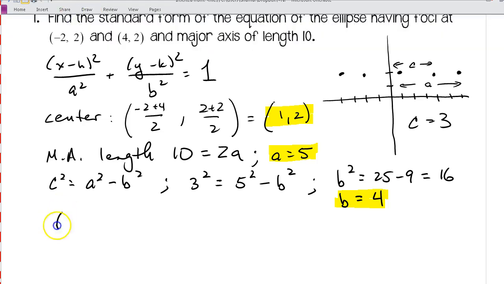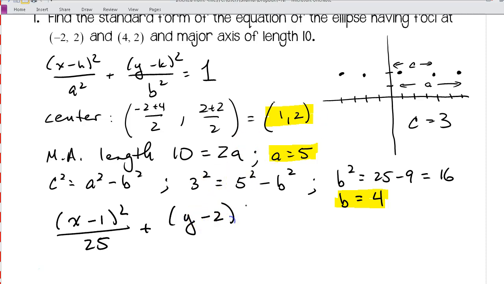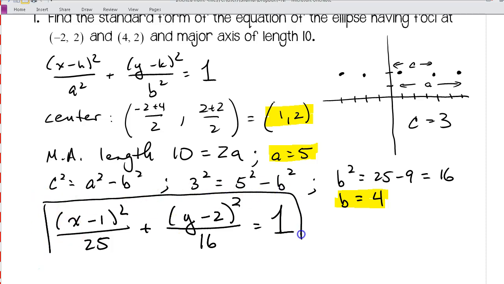So my standard form now is going to be (x - 1) squared over 5 squared, so that's 25, plus (y - 2) squared over b squared, so b is 4, so b squared is 16, is equal to 1. So there's my standard form.